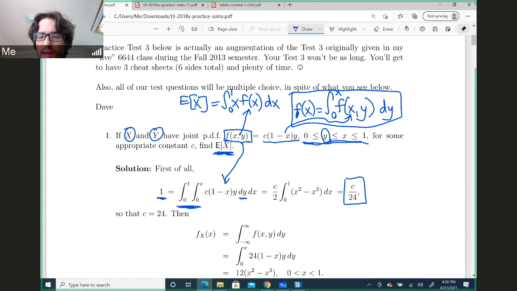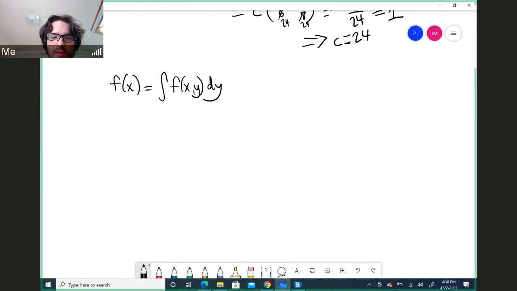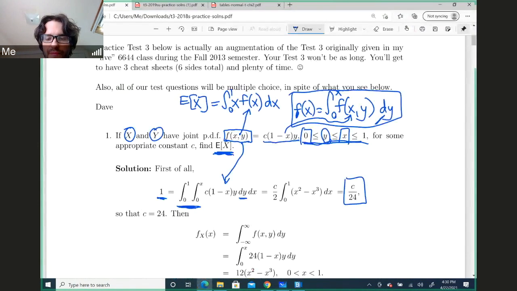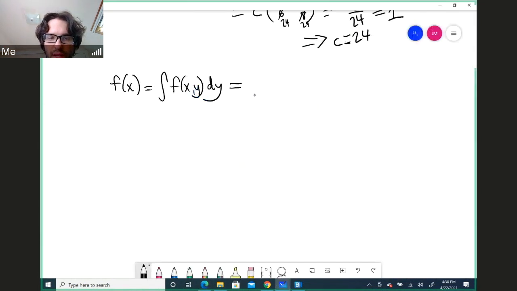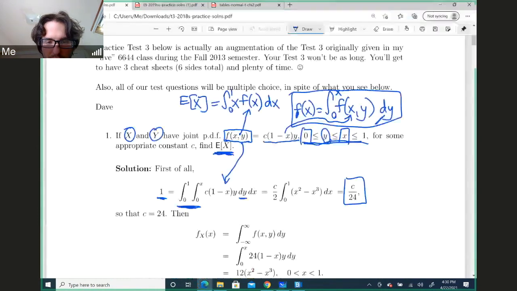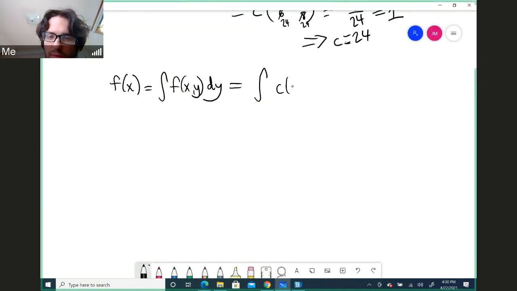Where this thing is non-zero, and that's only from 0 to x when we're integrating with respect to y. So f of x comma y is equal to c times 1 minus x times y.